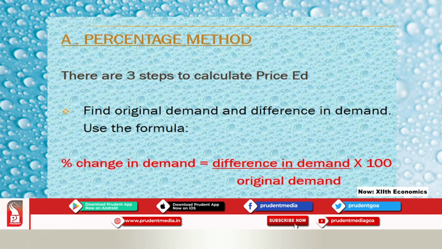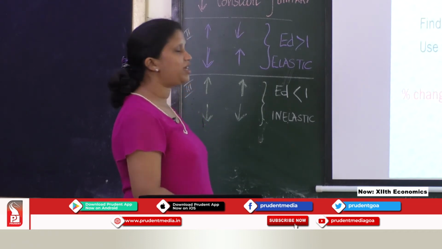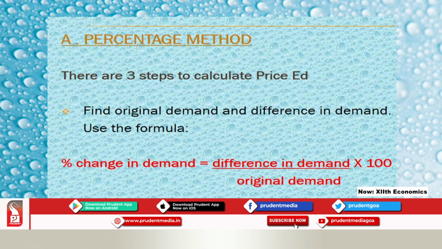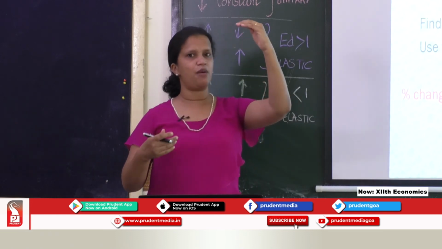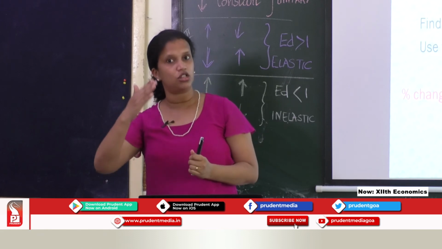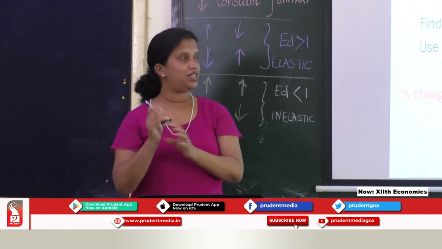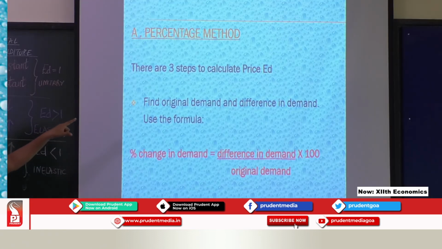This percentage method consists of 3 steps, to arrive at the price elasticity. What is the first step? First step, you need to find out the original demand and the difference in demand. Remember, price is changing from X amount to Y amount. Quantity demanded is also changing from one amount to another, isn't it? So, there will be an original demand and there will be a new demand.